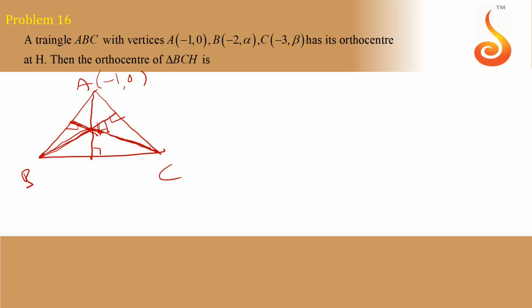So can I say like this? From B, if I ask you to draw a perpendicular to CH, you have to extend it to draw the perpendicular. So this is the perpendicular, because this is 90, no? It's going like this.